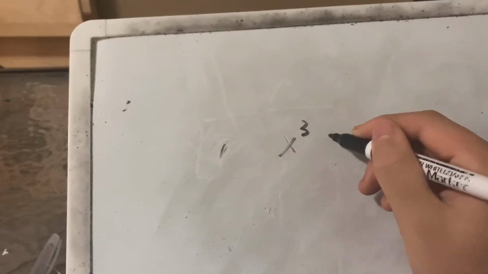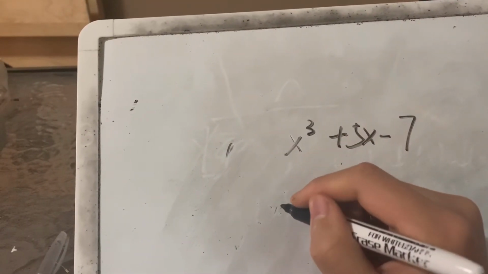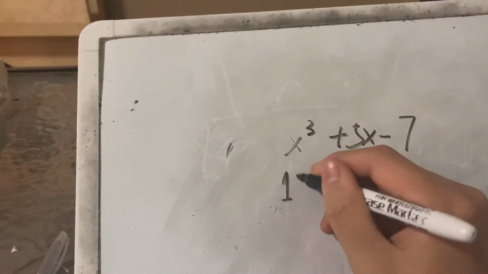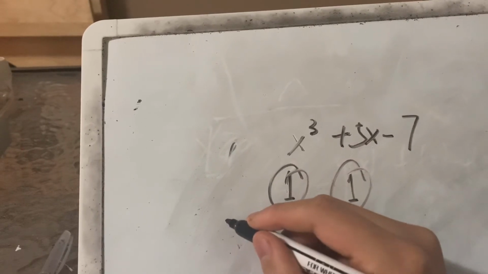So first, back to the topic. Let's make an example of how to calculate with Newton's method, using x cubed plus 5x minus 7. We give the approximate value, which we call 1.